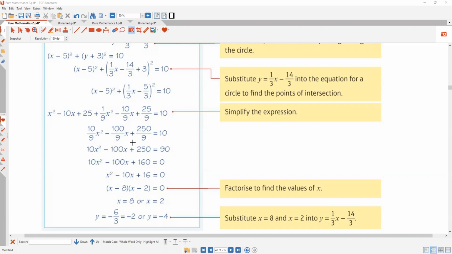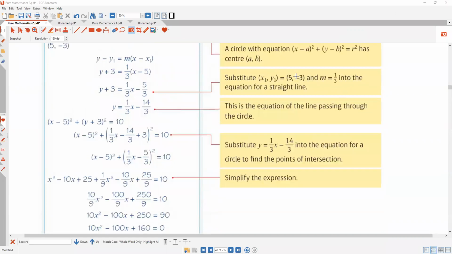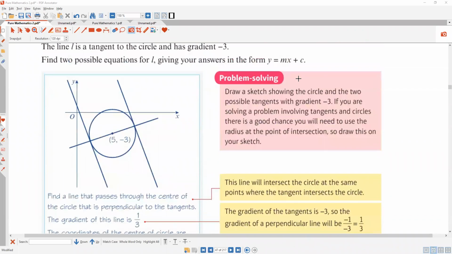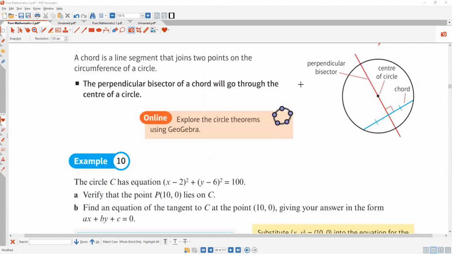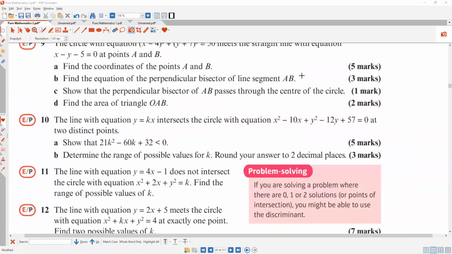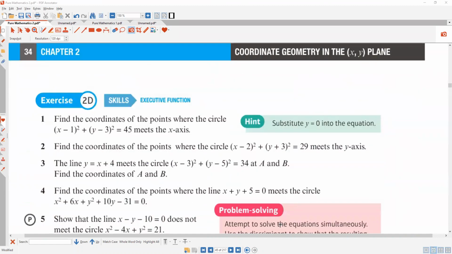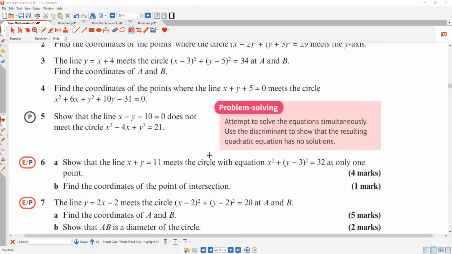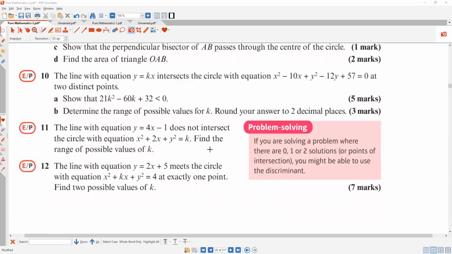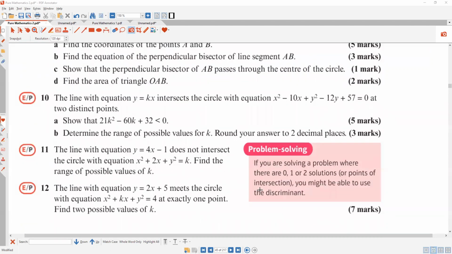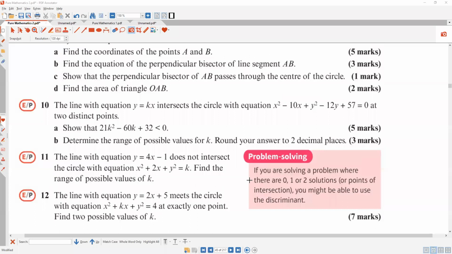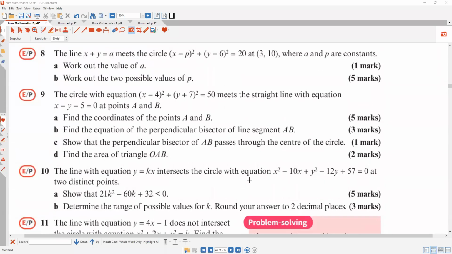Okay, so now homework. Let me give you guys some homework. Please write down the homework, everyone. Exercise 2D, question numbers 9, 10, 11, 12.